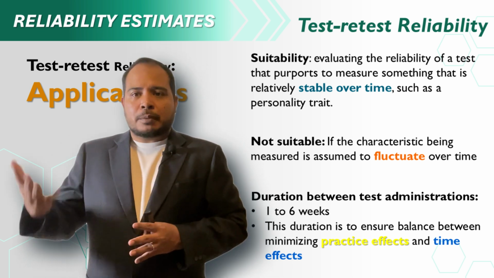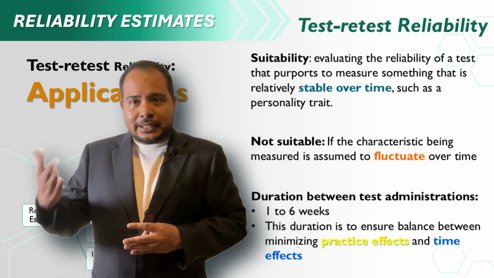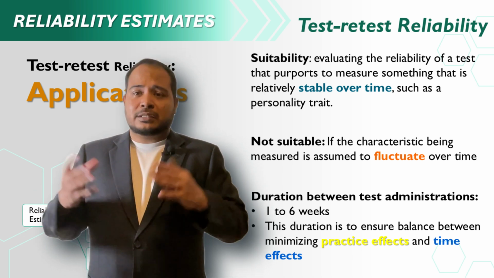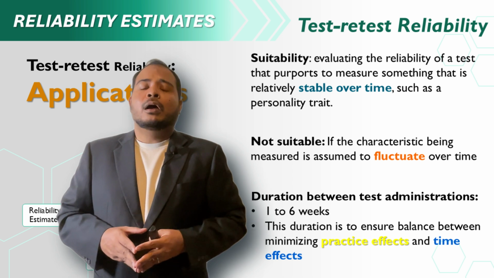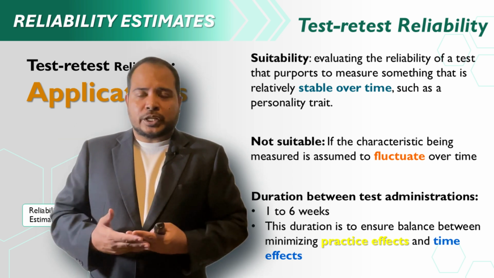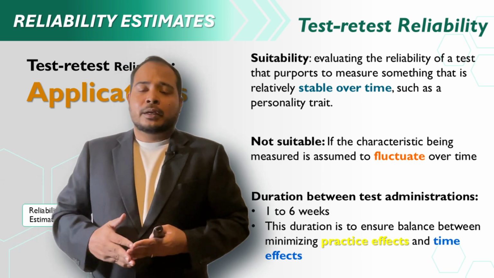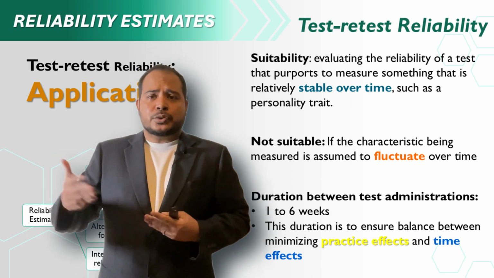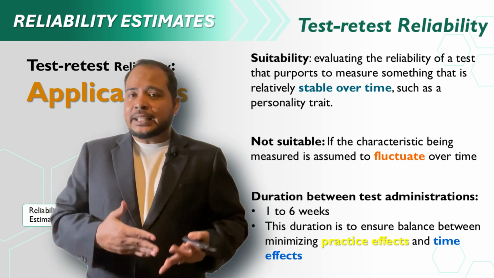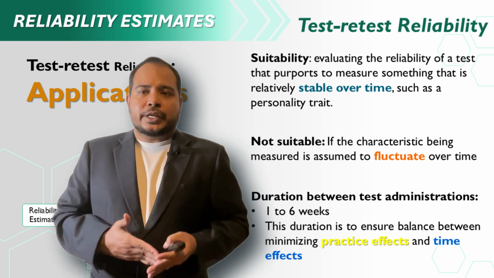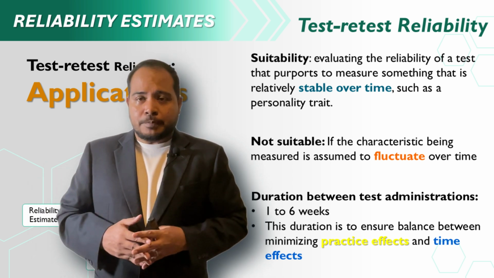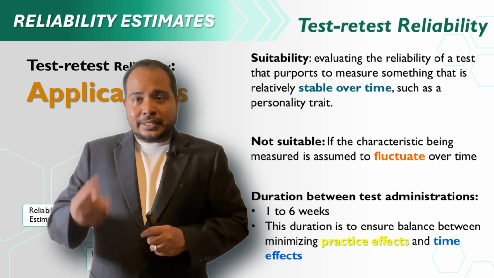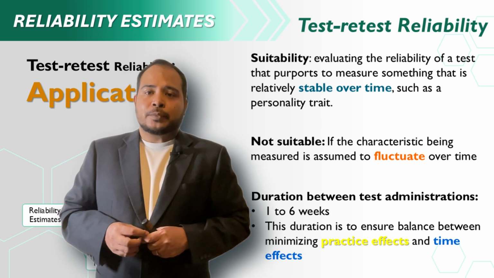Some personality psychologists believe it can still be changed, but it requires very significant events, such as traumatic events that happen to a person, or a lot of training across a long time to train their behavior, their personality. In a nutshell, many people believe it's very difficult to change personality traits within a short period of time. So personality traits are best estimated using test-retest reliability.